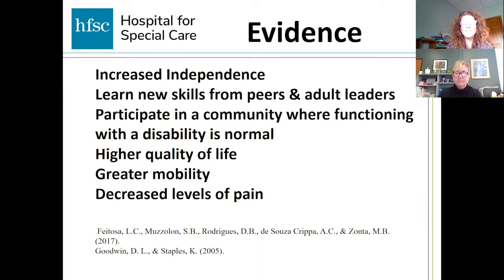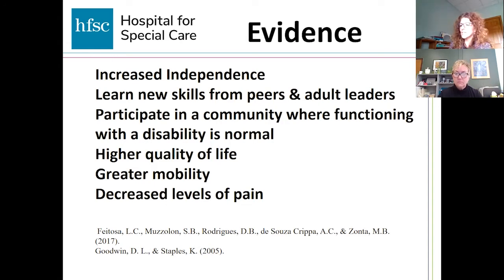To me, that is such a powerful finding. The research also found that participants experienced increased self-reliance, independence, and a better understanding of what they could physically accomplish.